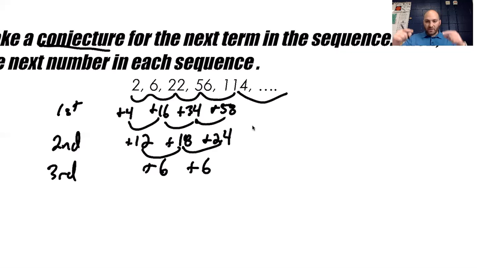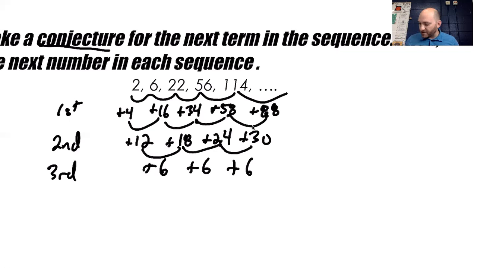So because the third level is describing the second level, I'm going to apply that plus 6 to the next spot here, which is going to be 30. Well, remember what the 30 represents. How do I get from 58 to the next number on here? So I can take 58 plus 30, which gives me 88.